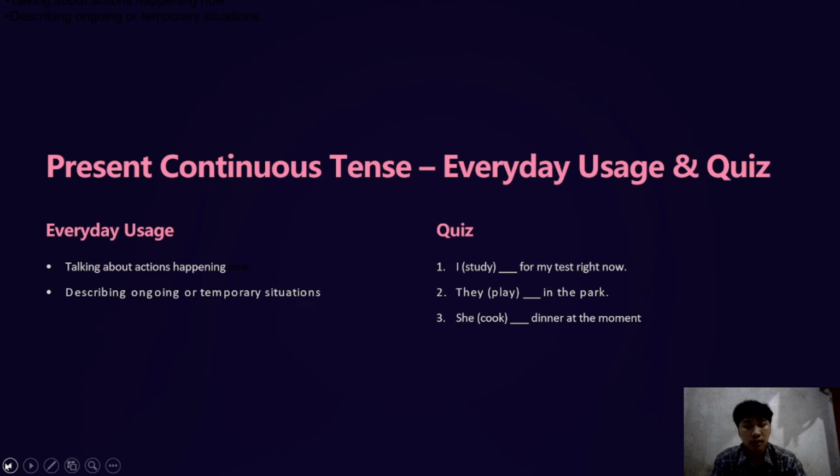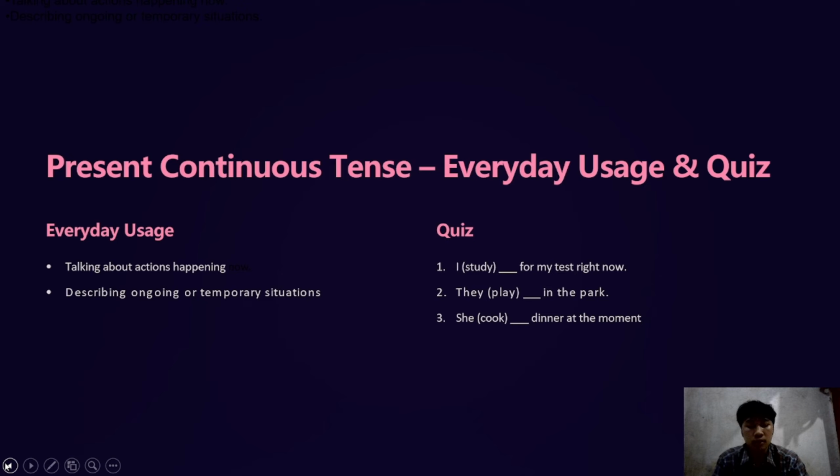In summary, we have covered four fundamental tenses. The simple present for routines and facts. The simple past for completed actions. The simple future for plans and predictions.